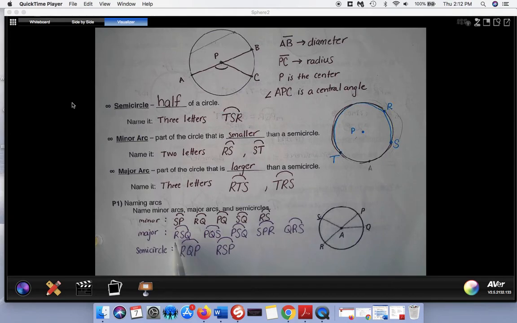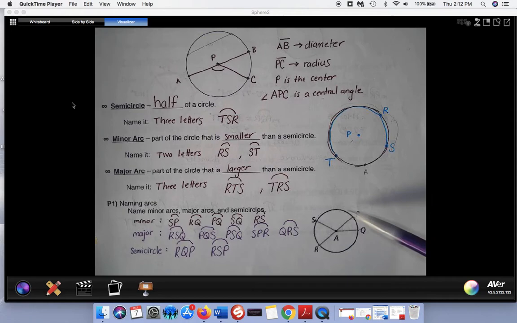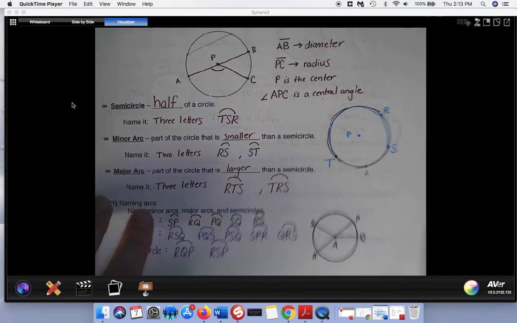I could take arc RSQ, and rather than using the S, replace it with the P. It's still the same arc, RPQ. So if you trace, you would still see that it's the same arc. Same would go for QSR. Doesn't matter, right? So be careful with that. Semicircles, we're looking for a diameter, and that's how I came about the semicircles that are there.